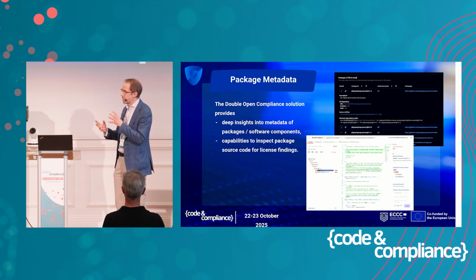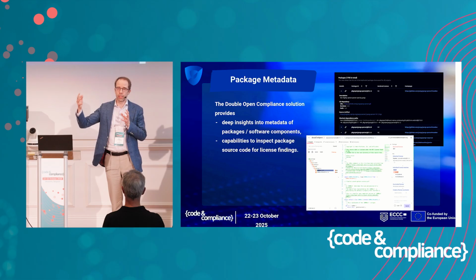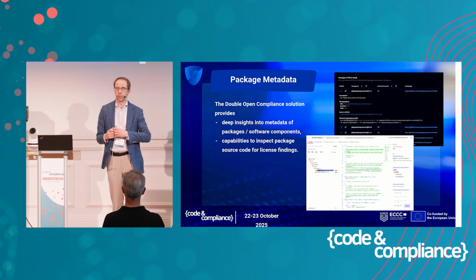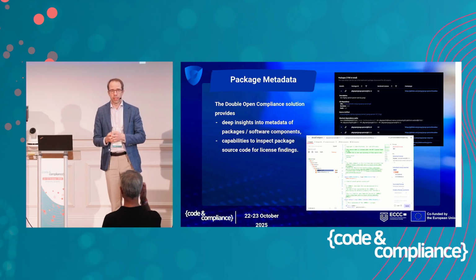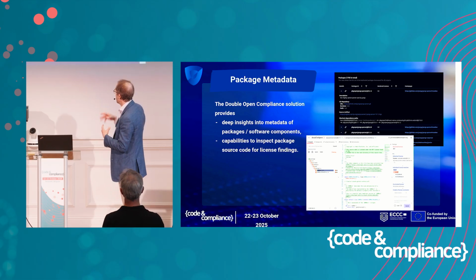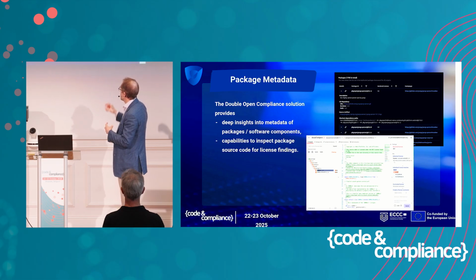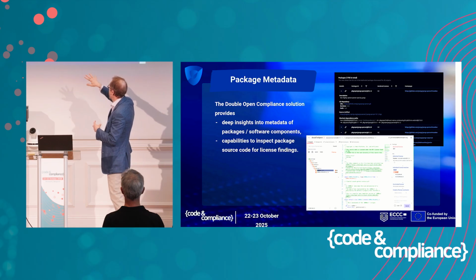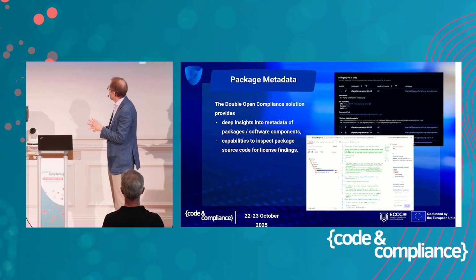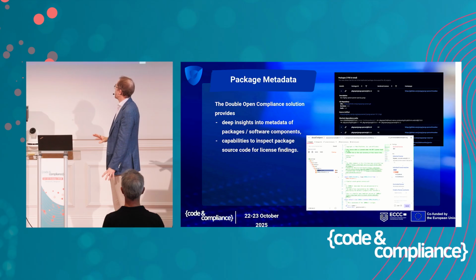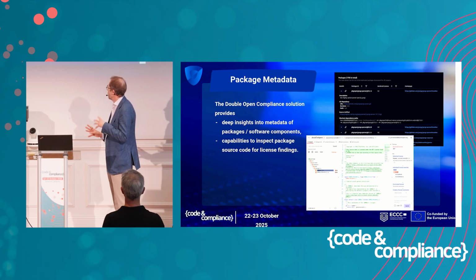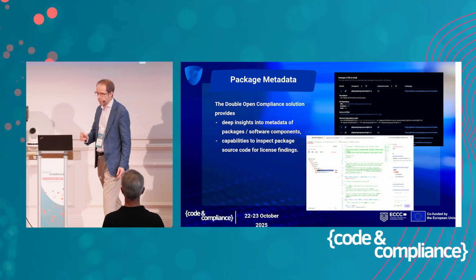You can see the whole transitive dependency tree, how the dependency tree is formed, and then you can dive into any particular dependency and inspect it in what we call the Double Open server UI. You can then also fix license findings there, or just inspect them.